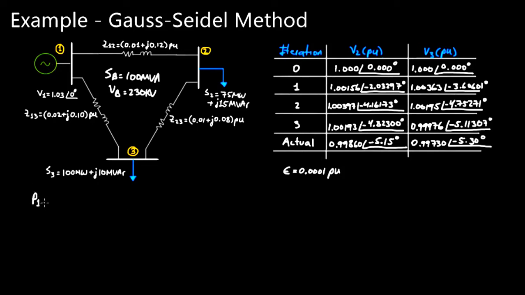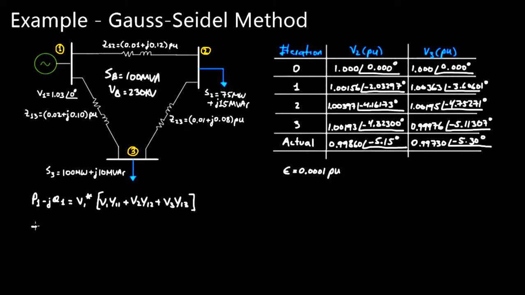And so to do that, I can use the following equation. I can say that P1 minus JQ1 is going to be equal to V1 conjugate times V1 Y11 plus V2 Y12 plus V3 Y13. And again, this is an equation that we derived before.